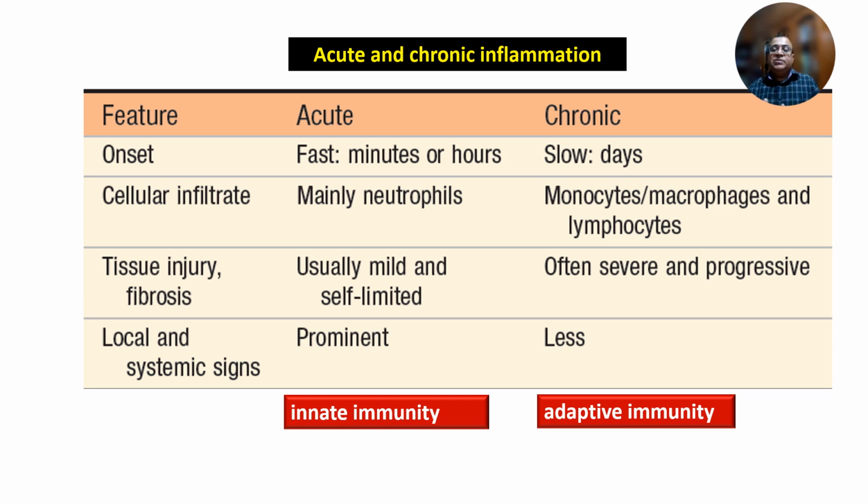Local signs and symptoms of inflammation are present in acute one, while in chronic the redness, flare are usually gone. The acute inflammation is also considered as part of innate immunity, while the adaptive immunity is linked with chronic inflammation.